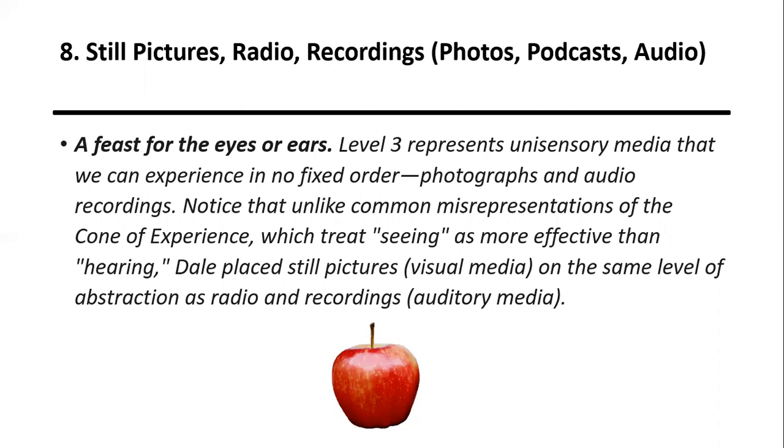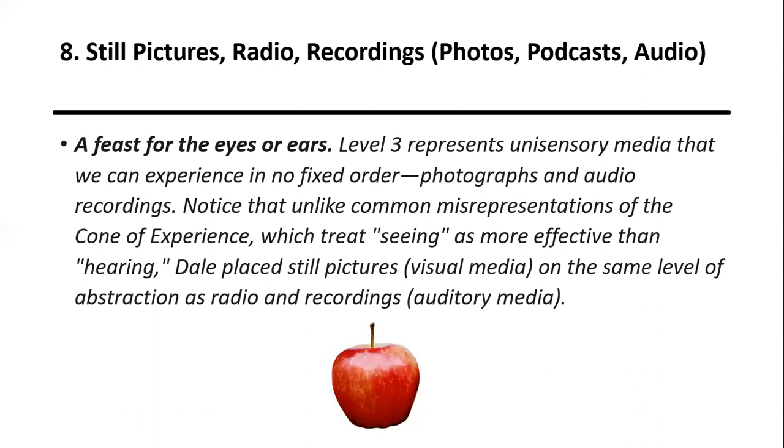So in this level, it represents unisensory media that we can experience in no fixed order. Photographs and audio recordings. Notice that unlike the common misrepresentation of the cone of experience which treats seeing as more effective than hearing, Dale placed still pictures on the same level of abstraction as radio and recordings.